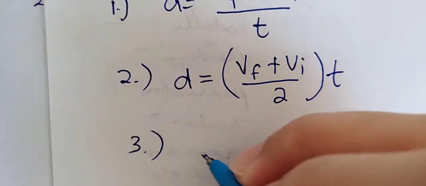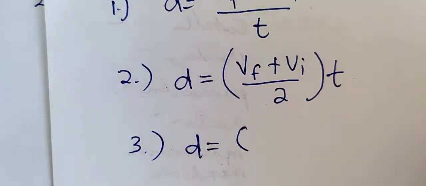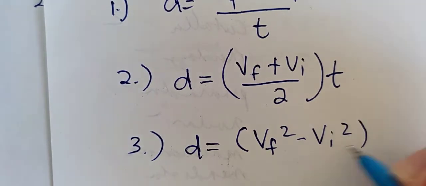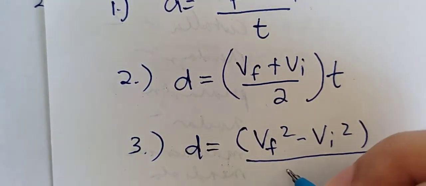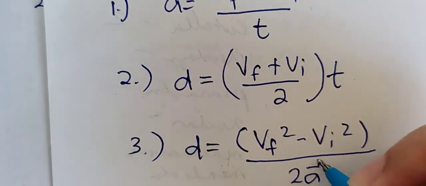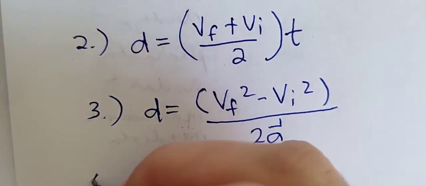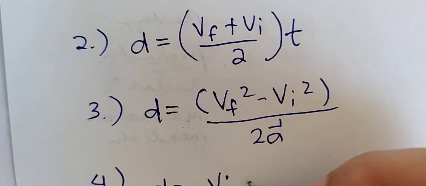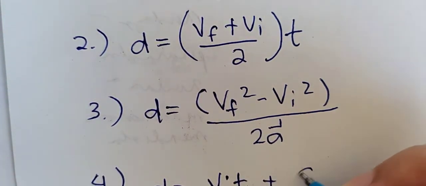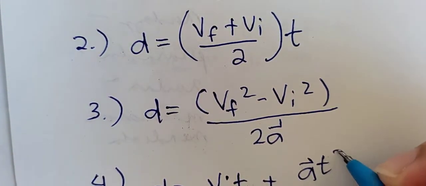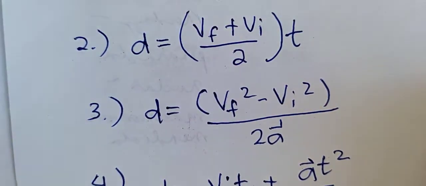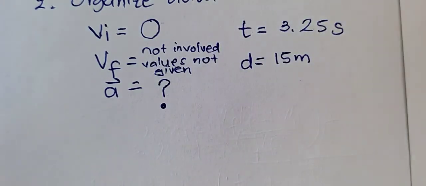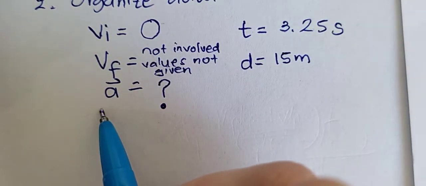Number 3: distance equals quantity Vf squared minus Vi squared over 2a. And the last, number 4: distance equals initial speed or Vi times time plus acceleration times the square of time over 2. Ano ang pipiliin natin na equation dito para mahanap yung acceleration?